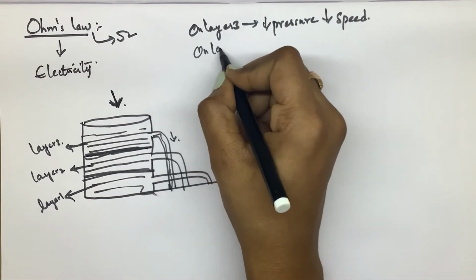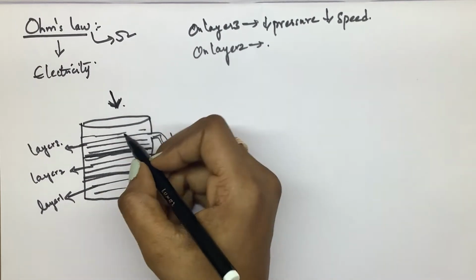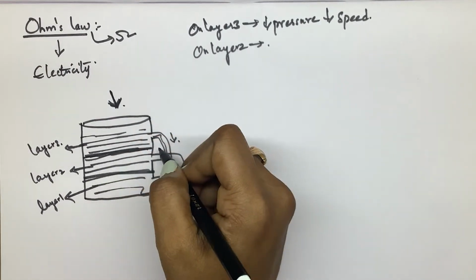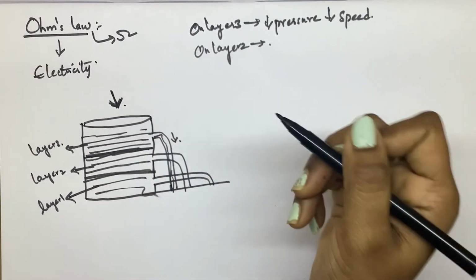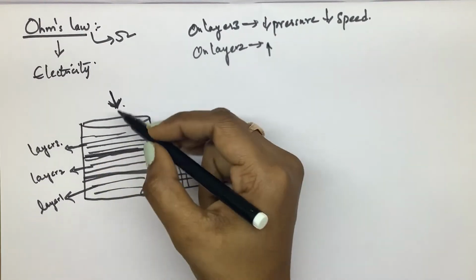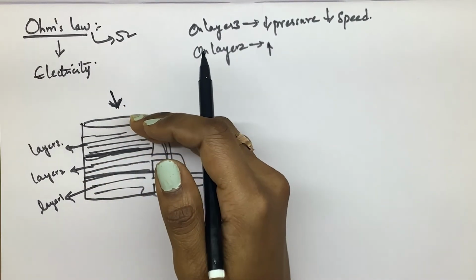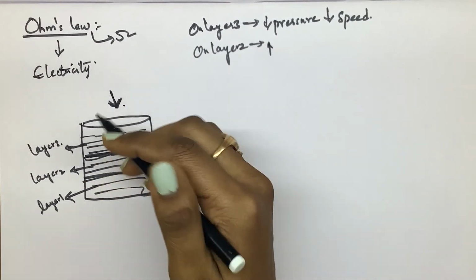On layer 2, as compared to layer 3, the pressure and speed were increased because the net water weight of layer 3 was present on layer 2.